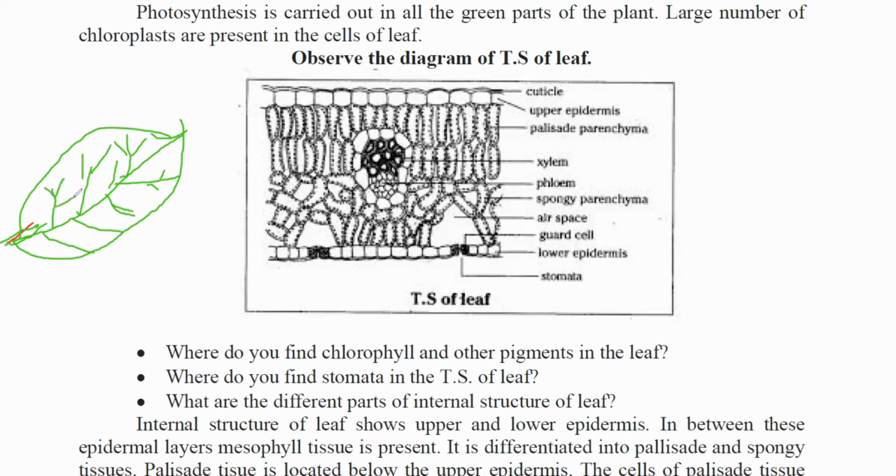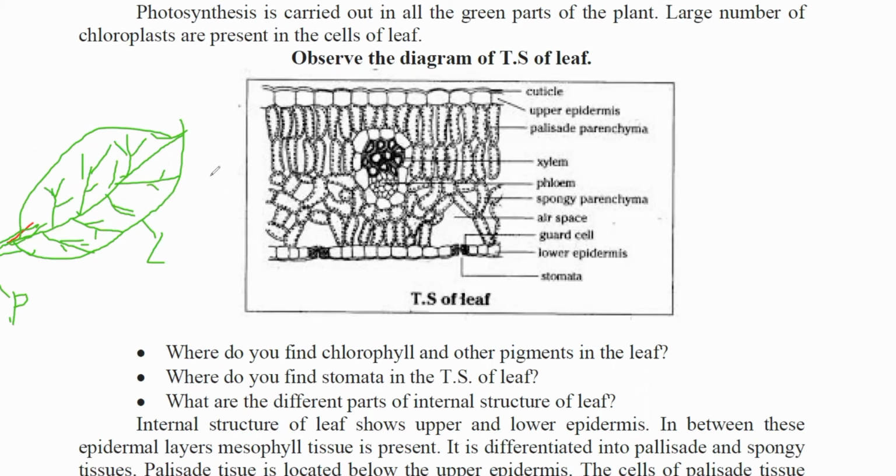This is the petiole. The entire broad portion is called the lamina. L means lamina, the entire portion.